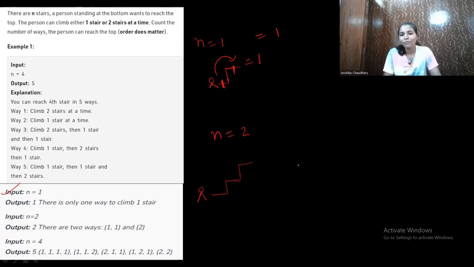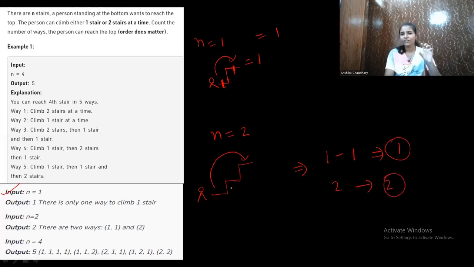In how many ways can he reach the top? If he takes one step and then one step, that is one possible way. Now, if he takes two steps directly and jumps to the top, he can also reach the top.